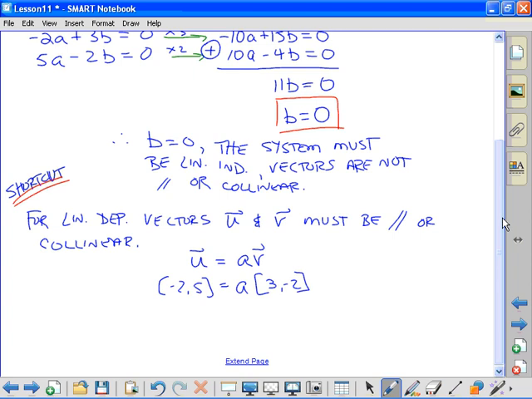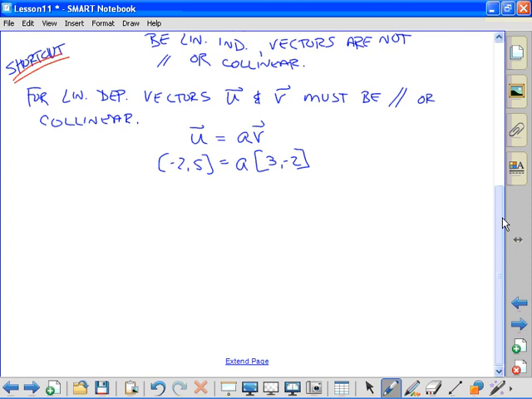What I then do is branch off for a second and look at the u vector. I know it's negative 2, 5. I'm going to get my x component to have a value of 1, so I'm going to take out a negative 2, which gets the x component to lowest terms.